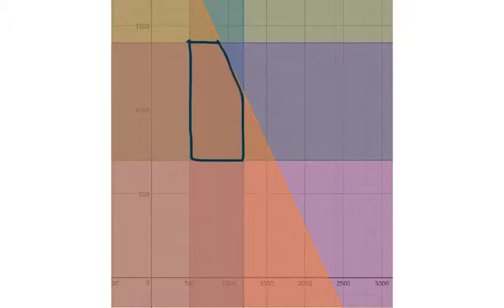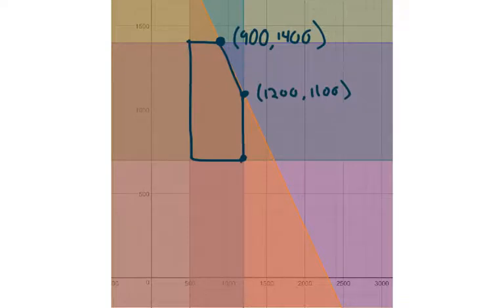We have 5 sides, which means we have 5 vertices. This one right up in here is, let's see, it looks like 900, 1,400. This point right here is going to be 1,200, 1,100.